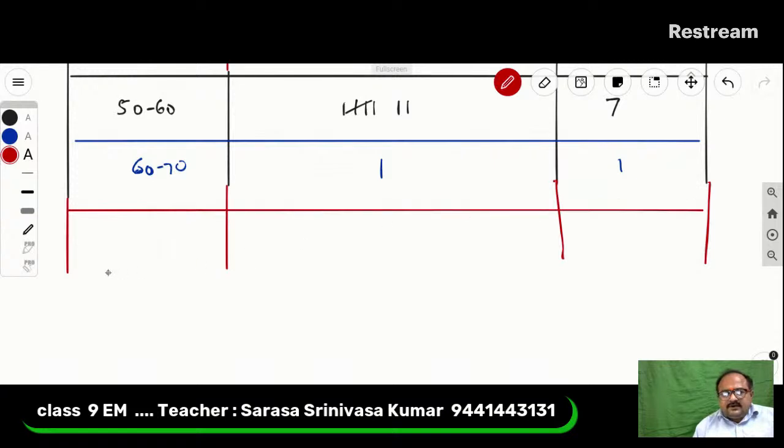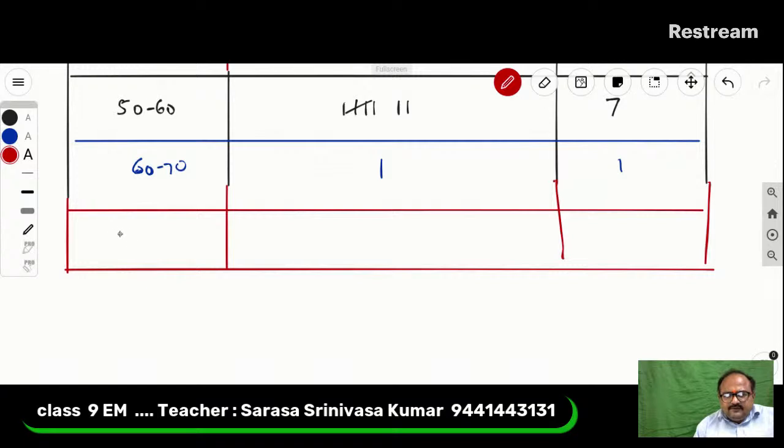The maximum marks are 75 only. So the frequency of 70 to 80 is 0. There is no such student. This is how we prepare the frequency distribution table using the given data.